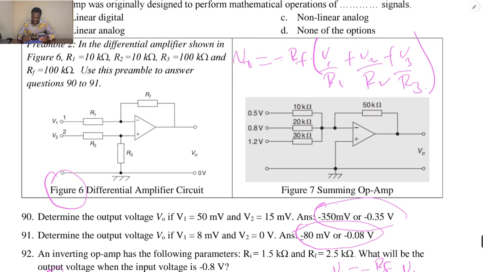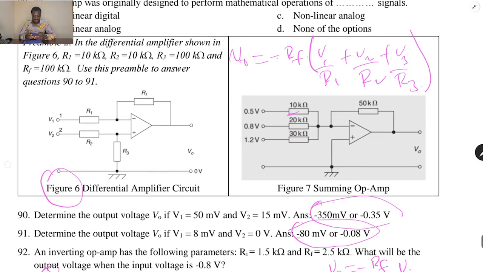You can see here V1 is what? 0.5, R1 is 10. So I can just take 0.5 on 10 plus, because they are all in kilos, so we can do this straightforward, plus 0.8 on 20 plus 1.2 on 30.